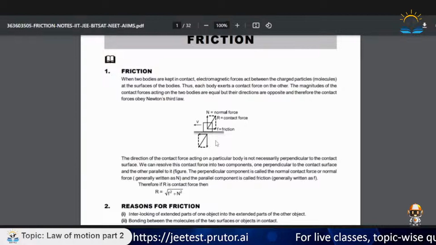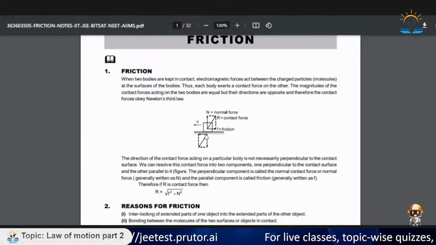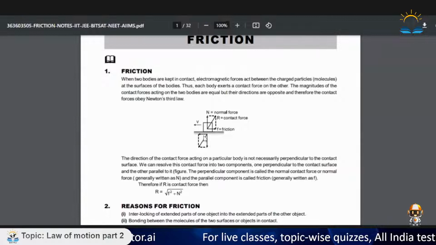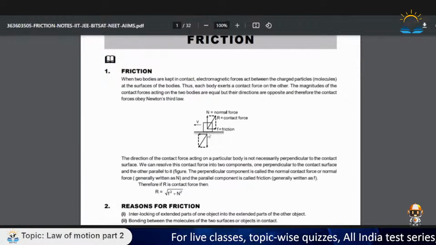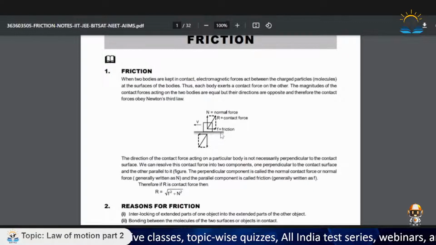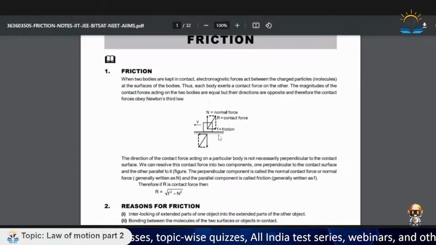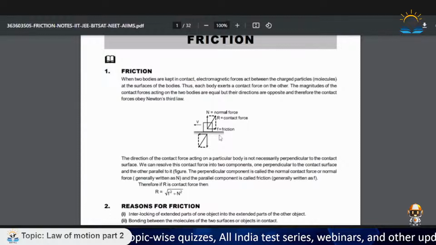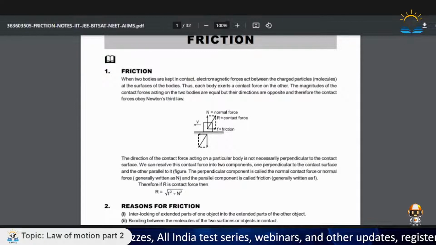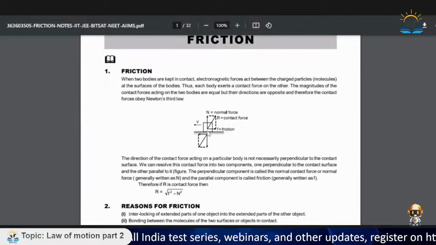Basically, when we look at this in a magnified way, we see that the surface of the body is not perfectly smooth, and the surface on which the body is kept is also not perfectly smooth. There are some bulges, so because of it there is some frictional force.